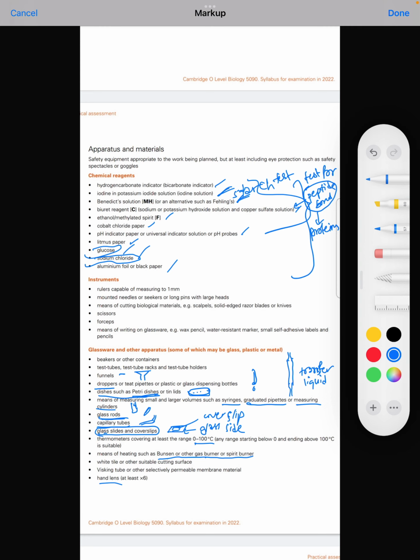Ethanol, methylated spirit, these are just, I think, used to clean the different glassware. But yeah, pH indicator paper, universal indicator. We all know we need those to obviously measure our pH. What else?